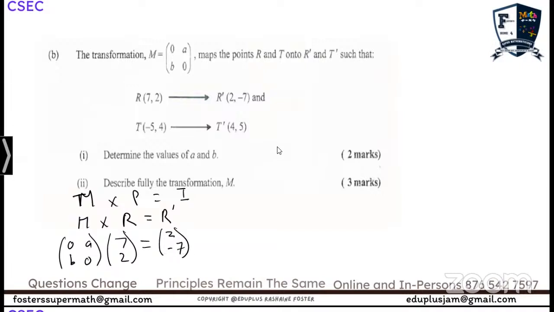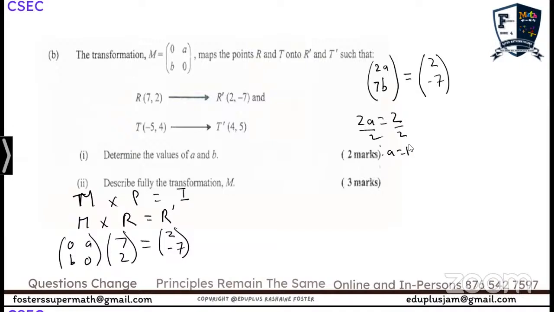So do your multiplications on the left-hand side. When I multiply on the left-hand side, I get 0 times 7 is 0, plus 2 times A, 2A. Then I get B times 7, 7B, plus 2 times 0, 0. And therefore you can say 2A equals 2. So you divide both sides by 2.